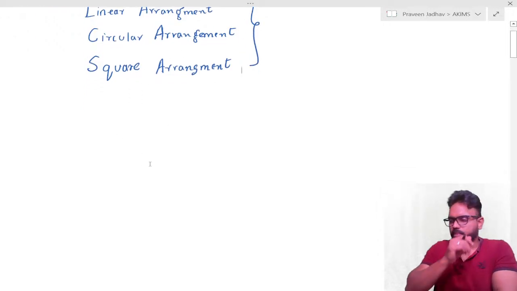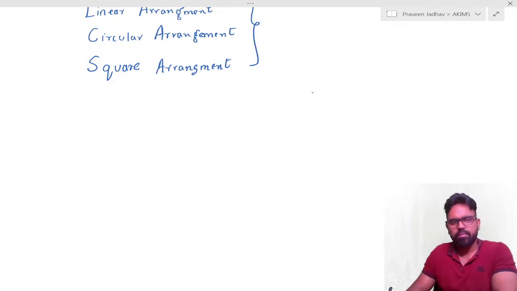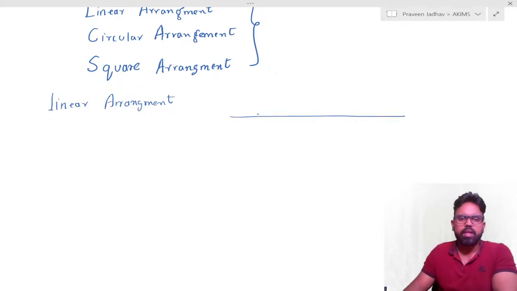Now, what are the things that you're supposed to know? If there is a question on linear arrangement, and if the question statement says that there are 6 people sitting in a row.